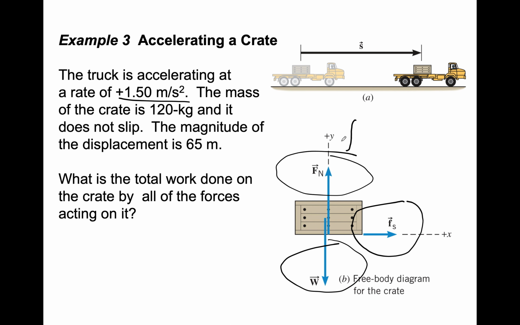So we can actually calculate friction, which is the net force on the crate in the x direction. It should equal its mass times its acceleration in the x direction. So friction is simply 120 kilograms times 1.5 meters per second squared, which should give us 180 Newton, right? So it's 180 Newton.